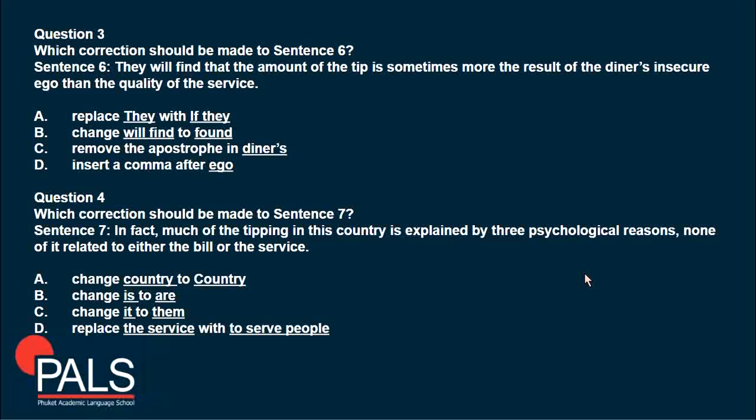And for question number 4, which correction should be made to sentence number 7? In fact, much of the tipping in this country is explained by 3 psychological reasons. None of it is related to either the bill or the service.